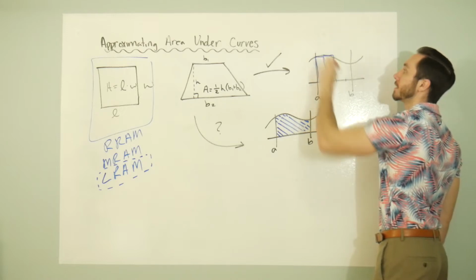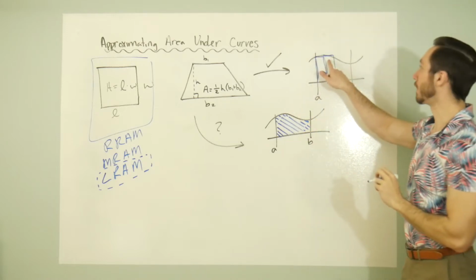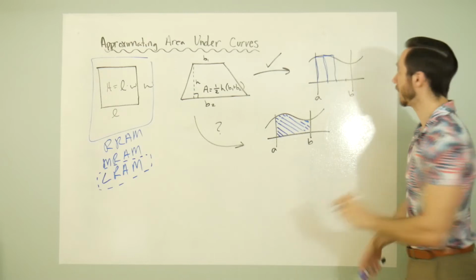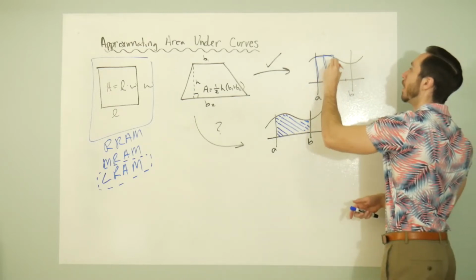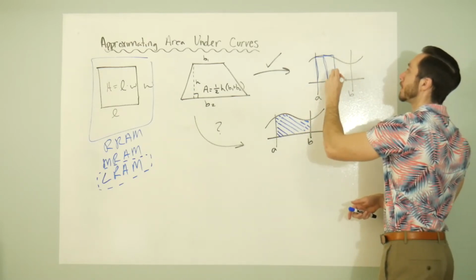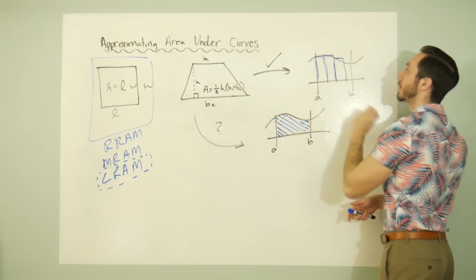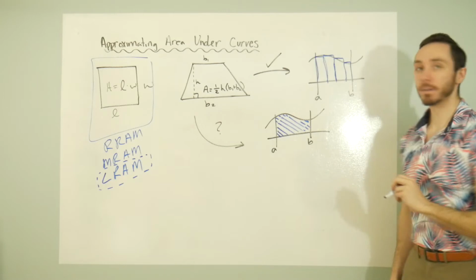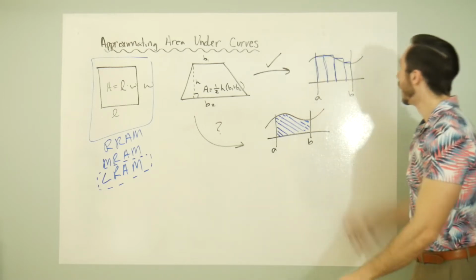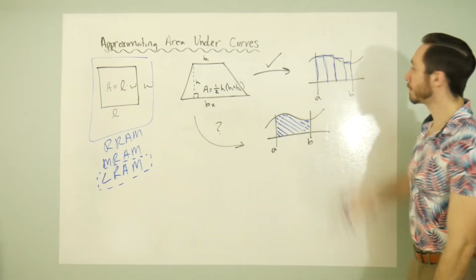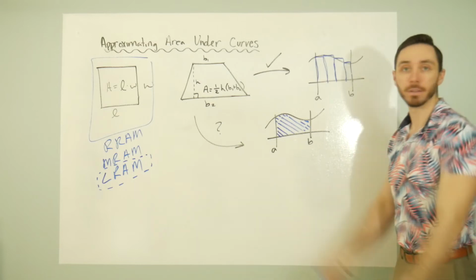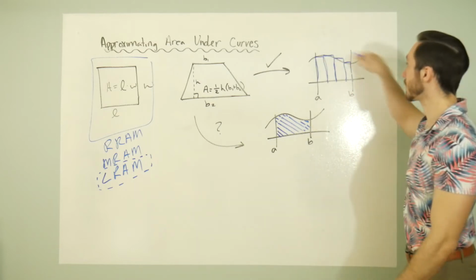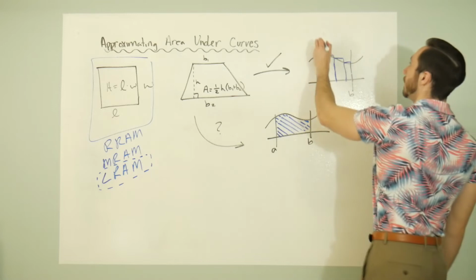You'll note on this next rectangle, it's actually a bit of an over approximation. I'm counting too much area. How am I going to draw this next one? Same story with the third and the fourth. So here we would call this an overestimation because these combined areas are probably over the actual area from A to B underneath this black curve. So this is LRAM. This is great.